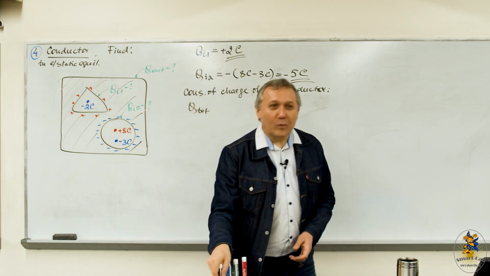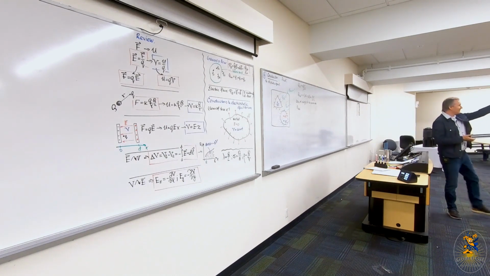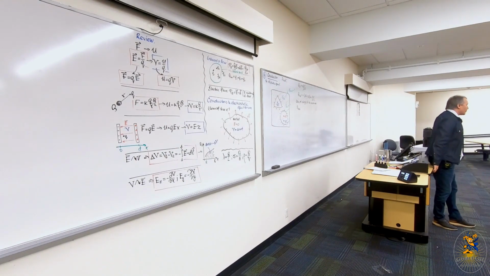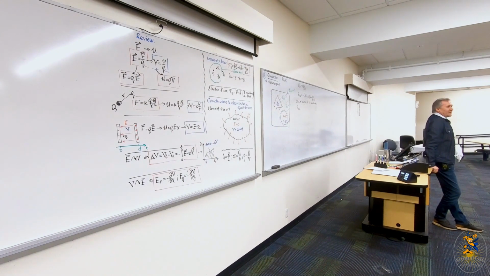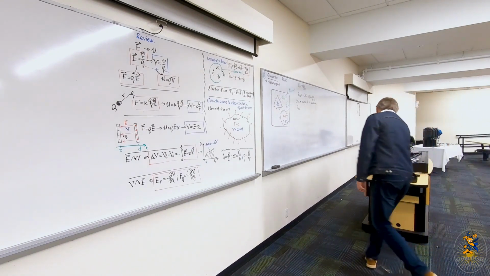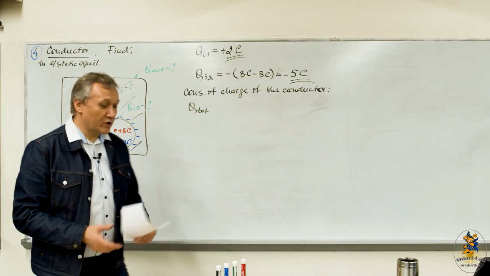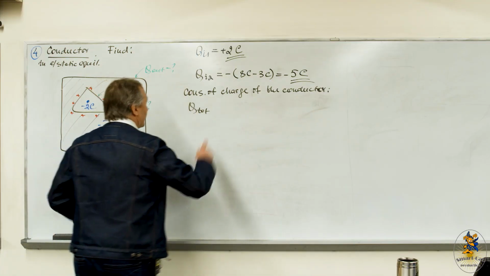I didn't give you one last piece. When I got to this point, I realized what is missing: the total charge of the conductor. Of course, I can say let's assume it's electrically neutral, but it's too boring. Let's assume something. Okay, net charge minus 6 coulombs. Why not?